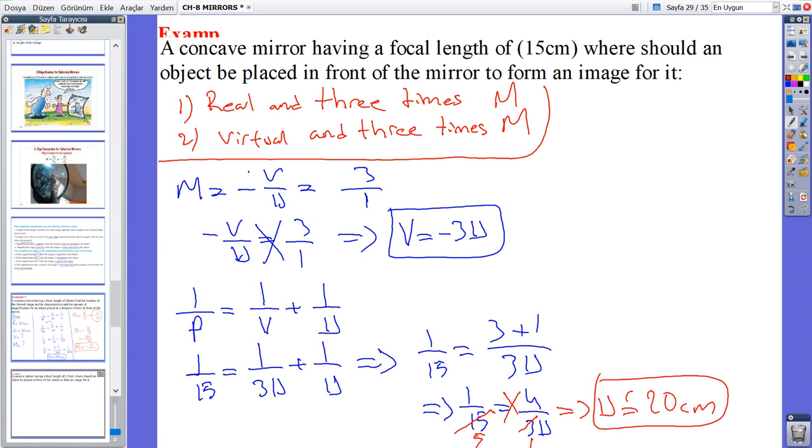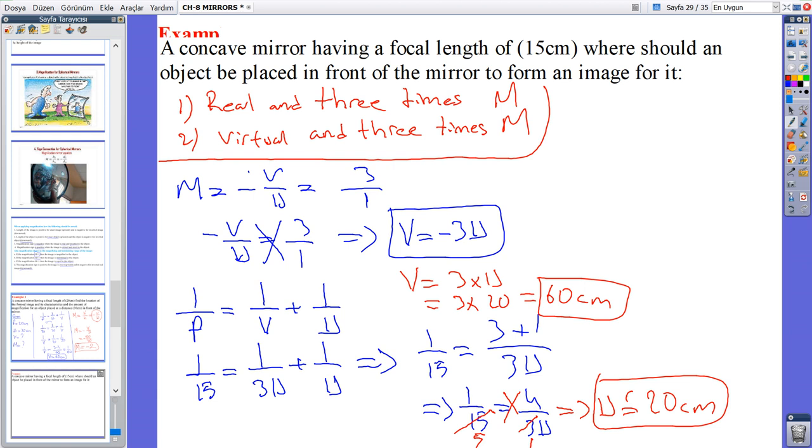And we can also find v, because v equals 3 times u, 3 times 20 equals 60 centimeters. This is firstly the real and 3 times magnified.